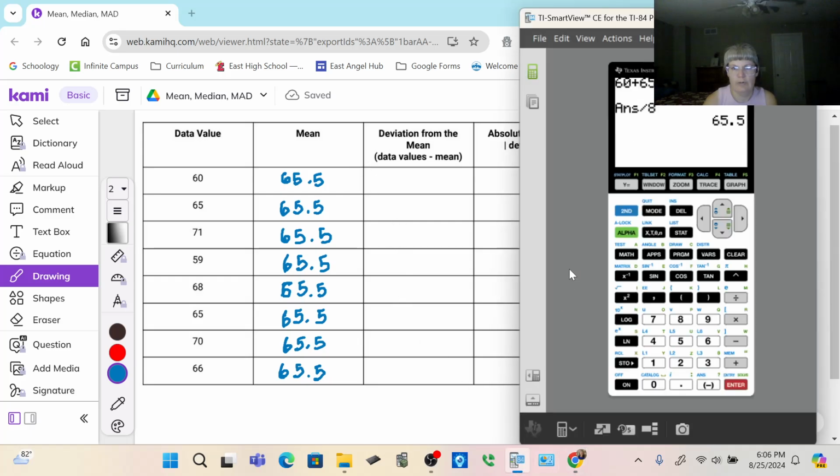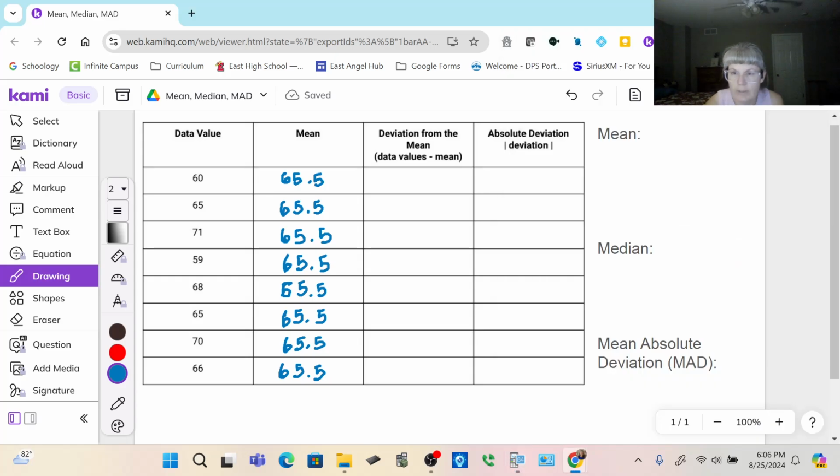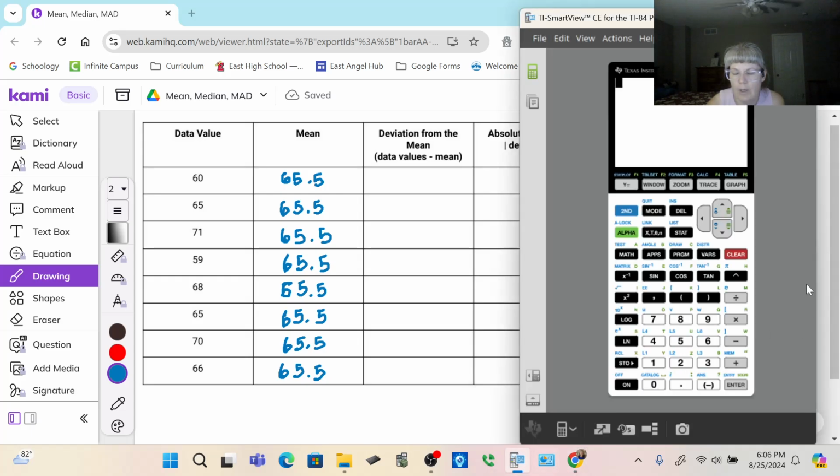So let's get my calculator again. I'm going to clear my window here. Oops, did not mean to lose my calculator. There we go. I'm going to take 60 minus 65.5, and we have negative 5.5.